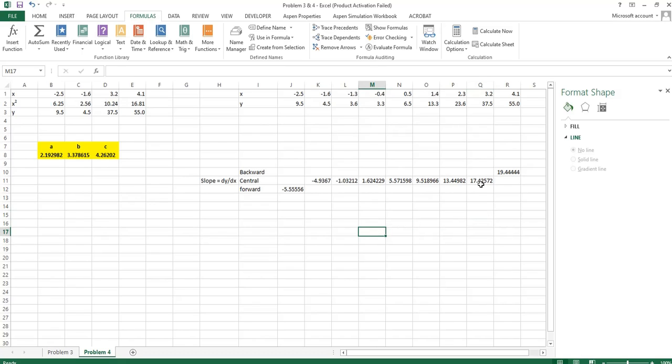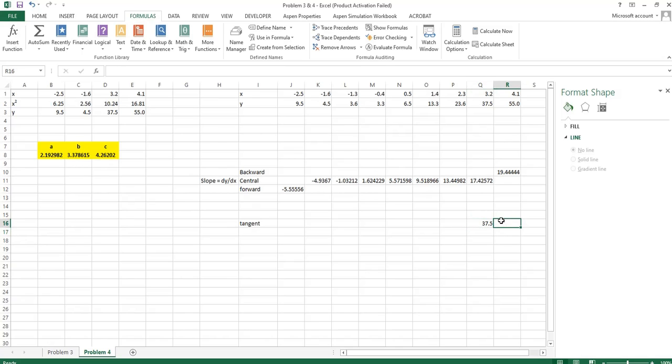So we were asked to find the tangent at this point. Let me just write the tangent. The tangent at that point, the first value for y at that point will be equal to this value.